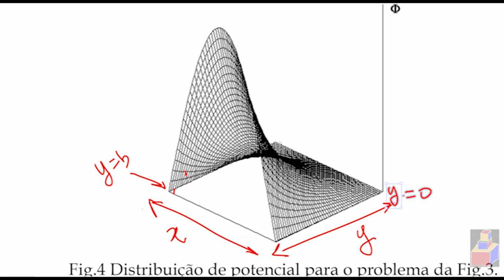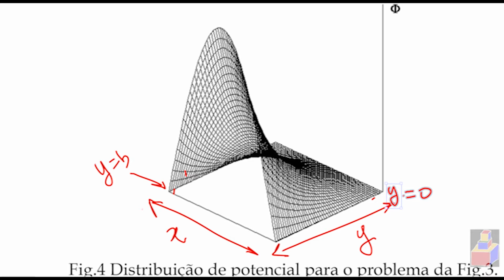The potential is held at 0 value in the boundaries here, and has a sinusoidal profile at y equals b. That's the behavior. For the potential function, we can determine electric field lines and so forth. We're going to talk about it later. But just to show you the physical interpretation, okay?